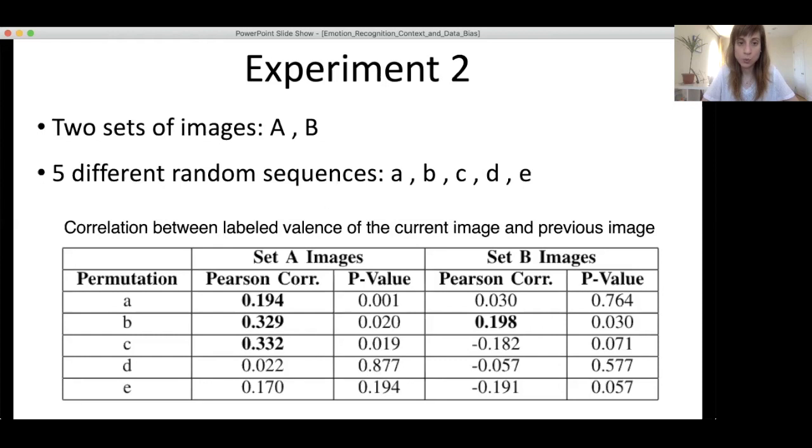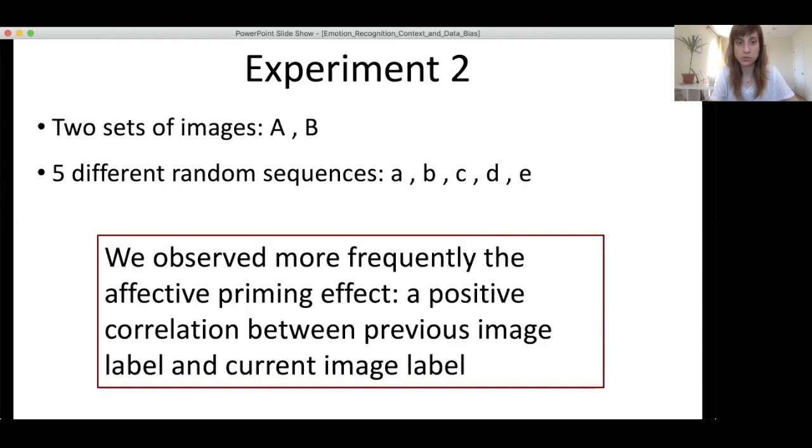We observed a stronger signal in one of the sets, set A in particular. But on average, we see a positive correlation between the labeled valence of the current image and the valence of the previous image. So basically we see more frequently the affect priming effect, a positive correlation between previous image label and current image label.